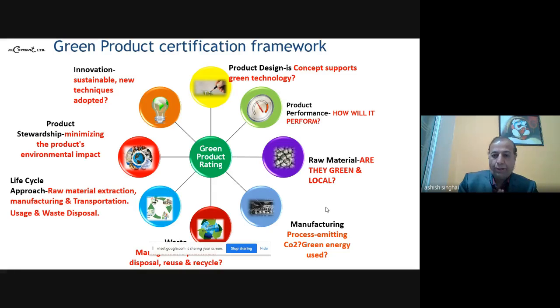So this is raw material, which is very very significant in giving you this credit.